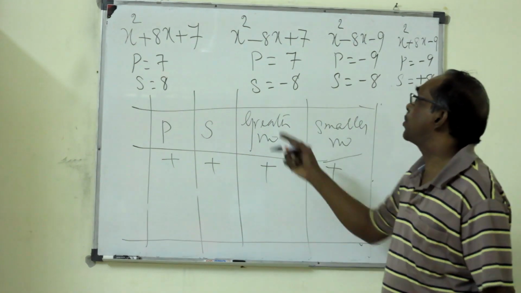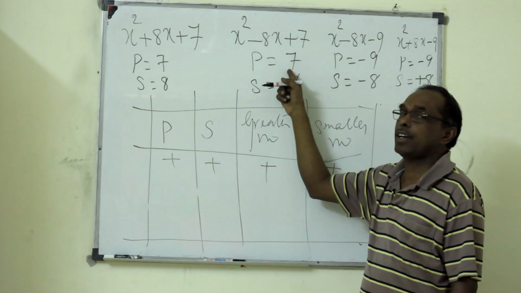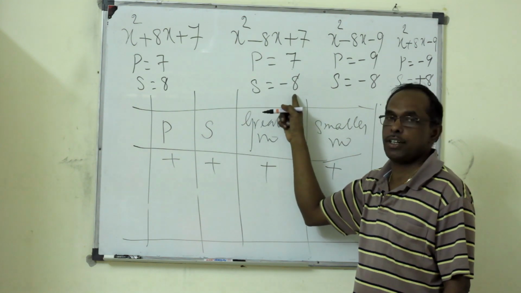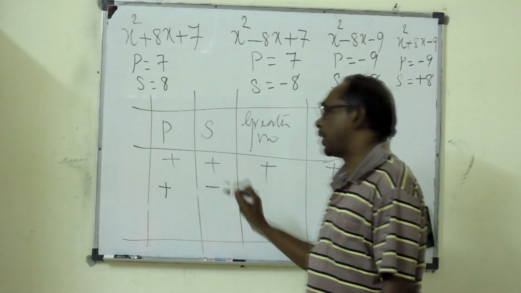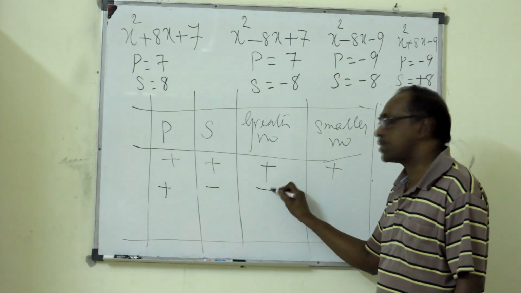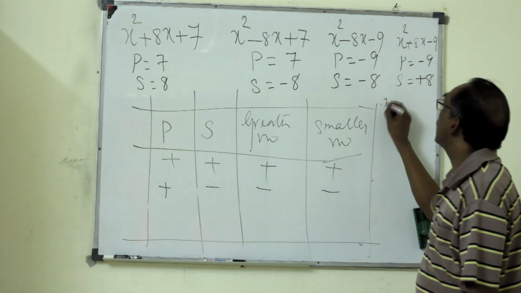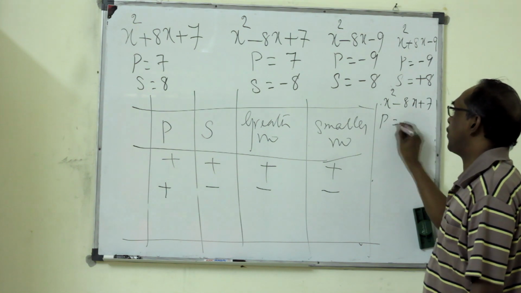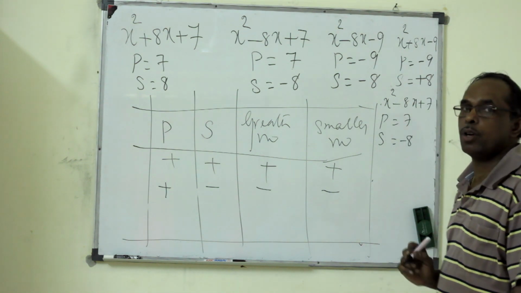The second case, I am taking x square minus 8x plus 7. Here product is 7, which is positive. Sum is minus 8, which is negative. So if the product is positive and sum is negative, then the greater number is negative and the small number is also negative. Which number are you going to split?